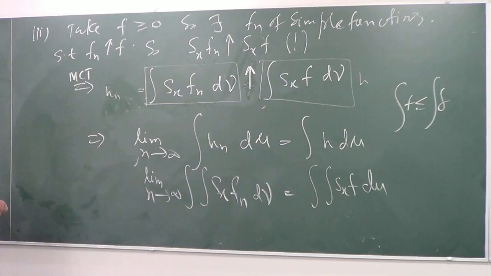That's a hand-wavy way of doing things. But when you really want to pass the limit, you have to justify why you can do it. It's not that difficult, but this is a method to prove things. So as we have seen previously, if you want to prove some identity, you show it for simple functions and then you show that the same is true for the non-negative function as well, which is the limit of the simple functions, okay?